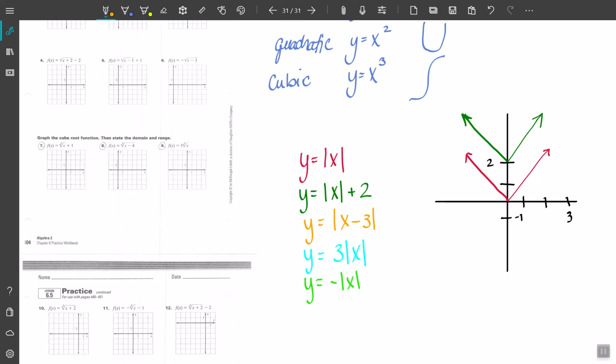All right, so in this case, that horizontal shift is going to take us over to +3 here. Again, we have the same slope on each of those sides of the V. We're just taking that parent function, that red one, and sliding it over to the right 3 units. If it had been the absolute value of x plus 3, then we would have shifted it to the left 3 units, and it would sit at -3.